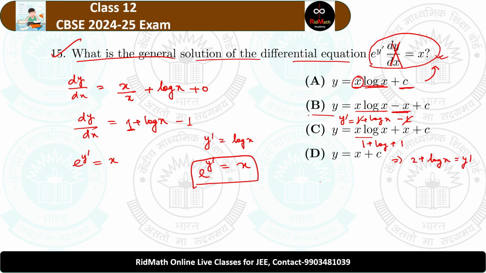This is not getting any answer, so I think dy dx should not be there, and option number B is correct. So we have got e to the power y dash equal to x. This differential equation has a solution y equal to x log x minus x plus c.